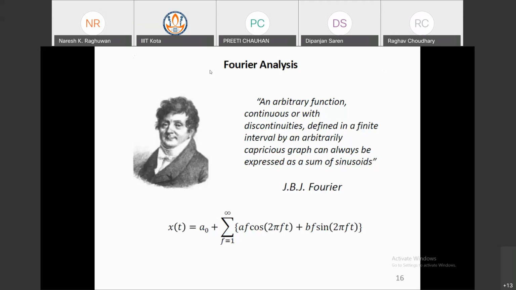They are combined in this manner with some coefficients, A0, AF, DF. This is the formula. Everybody knows the time domain signal according to Fourier.